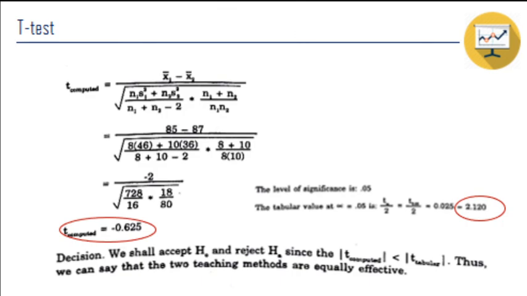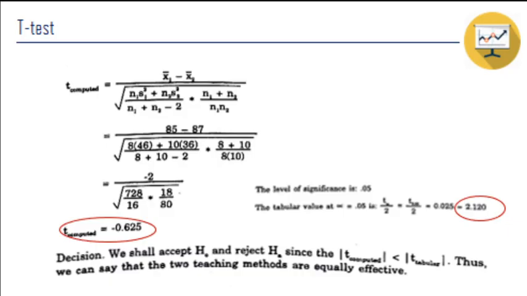Okay, so medyo complicated lang yung formula pero you can use your calculator later, para makuha nyo yung T-computed. Pero my dear students, ang pinaka-importante dito is alam nyo kung paano mag-interpret using the traditional method.